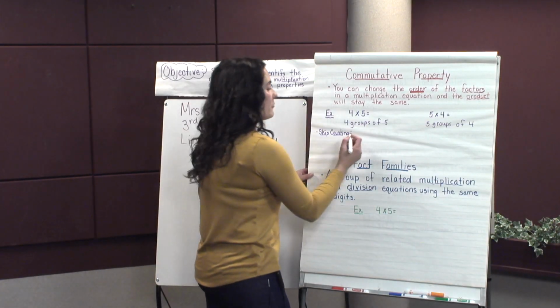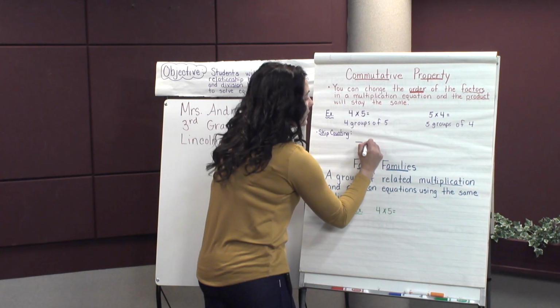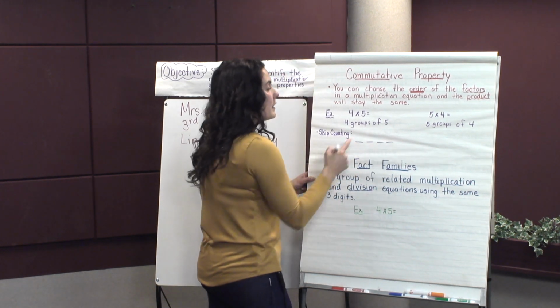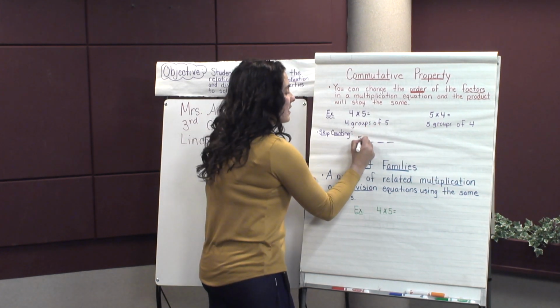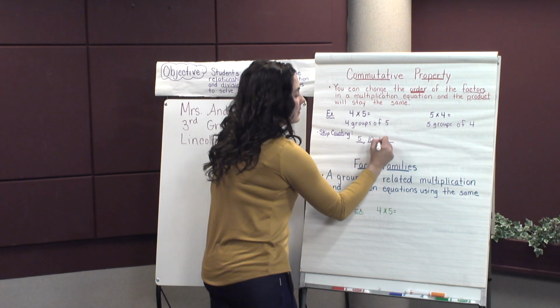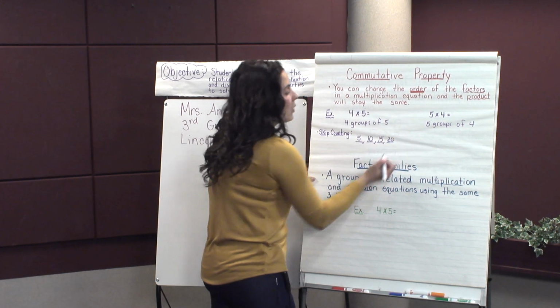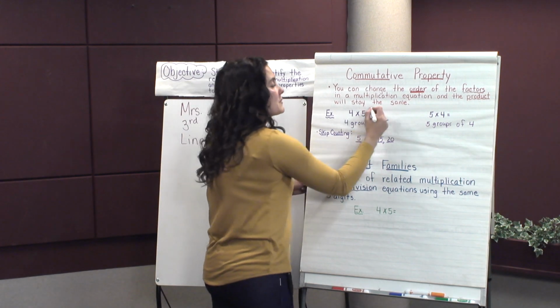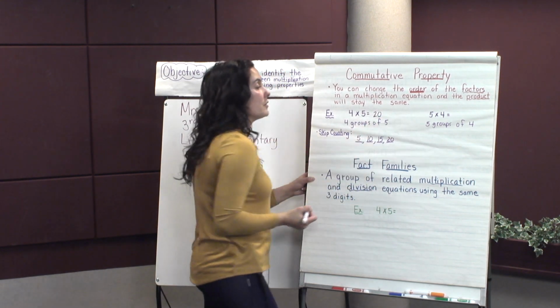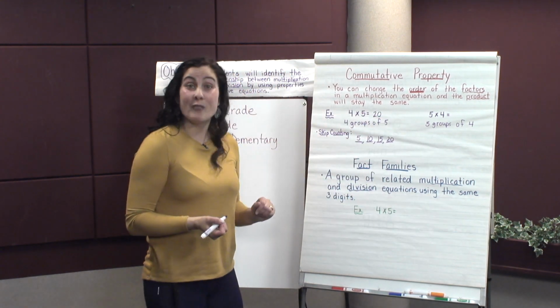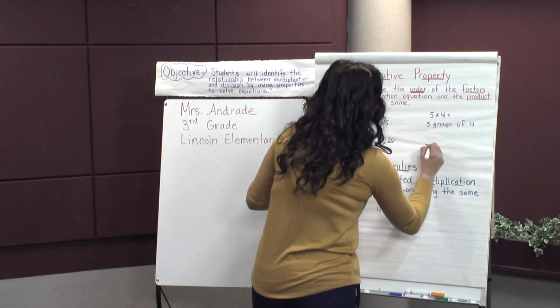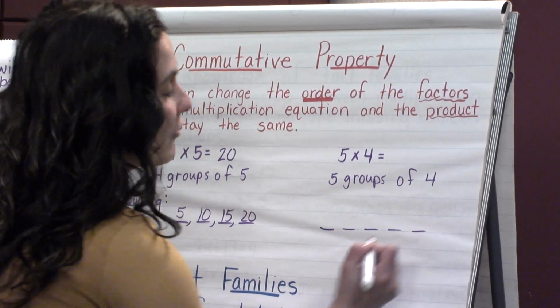So 4 groups of 5. I'm going to draw the groups, 1, 2, 3, 4, and I'm going to count by 5s. 5, 10, 15, 20. So 4 times 5, I get a product of 20. Let's do 5 groups of 4. 1, 2, 3, 4, 5.